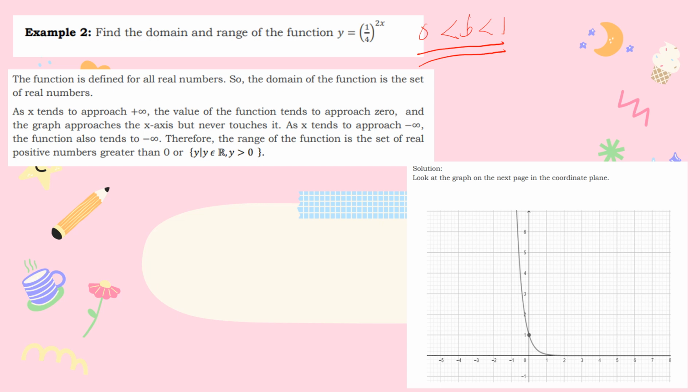As x extends to positive infinity, the value of the function tends to approach 0 and the graph approaches the x-axis but never touches it. Andyan lang siya, lilinya lang yan. So ito, to negative infinity ito, x to negative infinity, ito x to positive infinity. As it approaches positive infinity, the value of y will just approach the x-axis but never touch it.